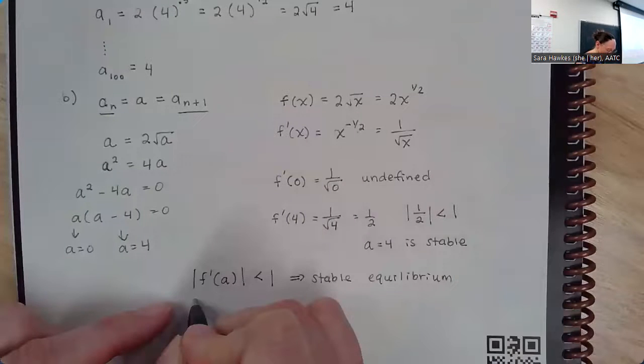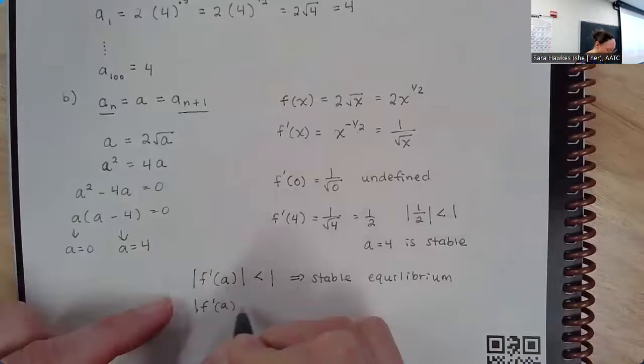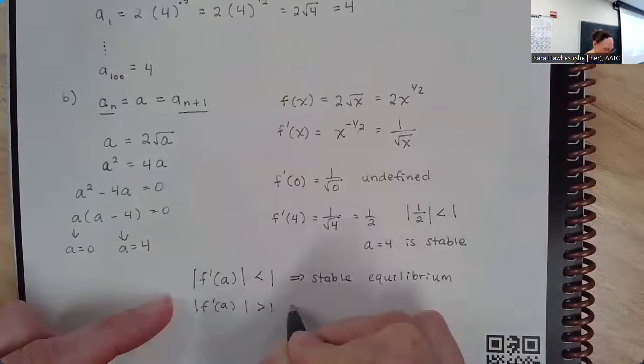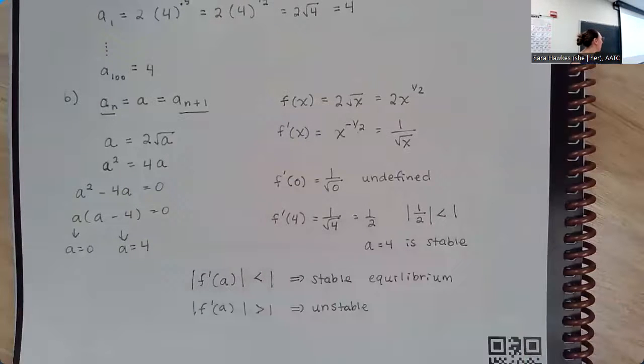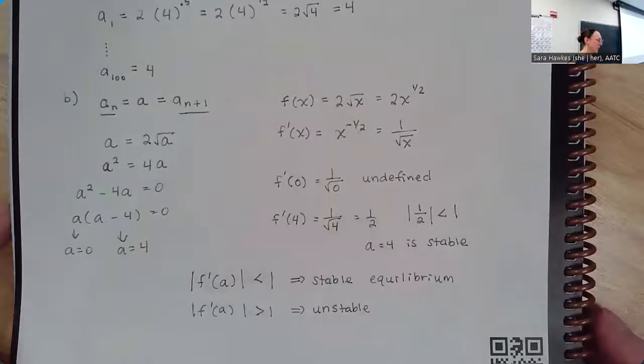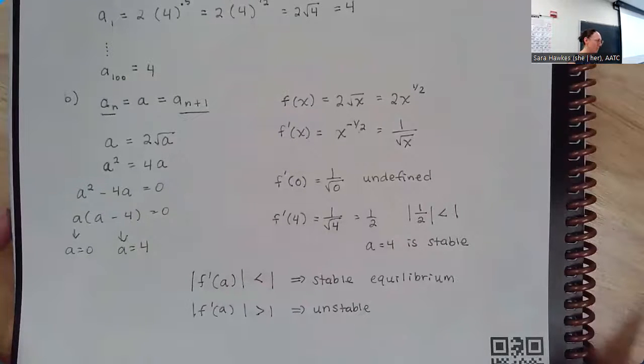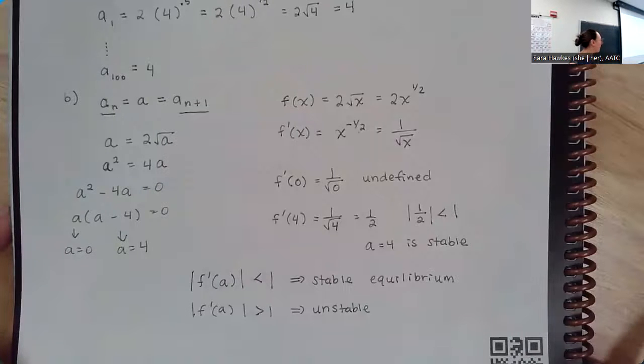If this is greater than 1, then we say that it's unstable. If that was like 2, then you would say that it would be unstable. Correct. Yep.